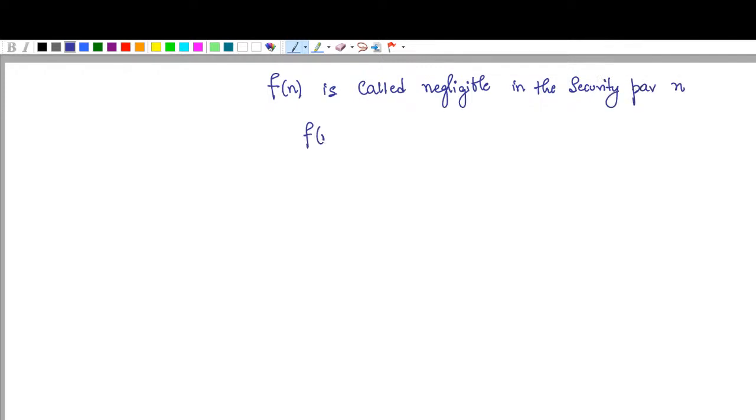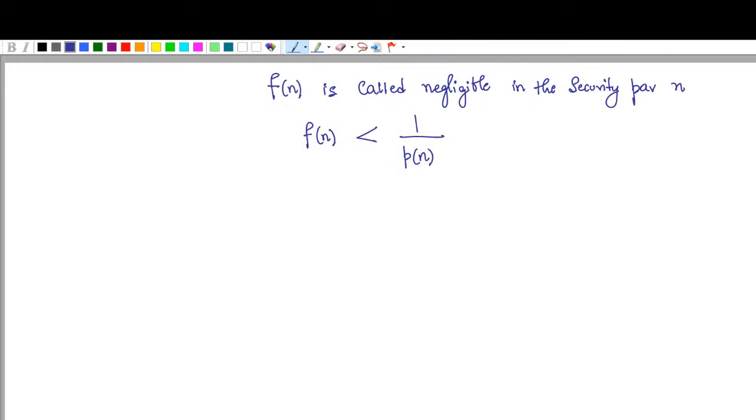So how do we formally capture their security requirement? Basically we say that a function f of n is called a negligible function in the security parameter if f of n is strictly less than the inverse of every polynomial function p of n.